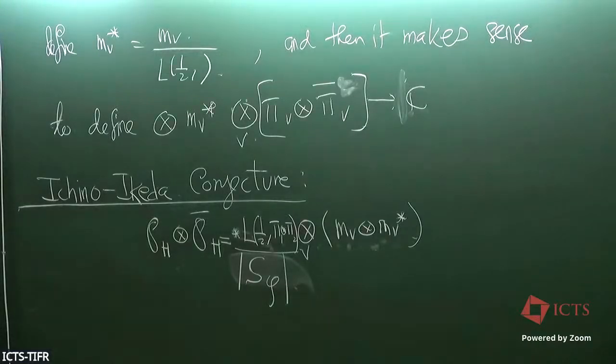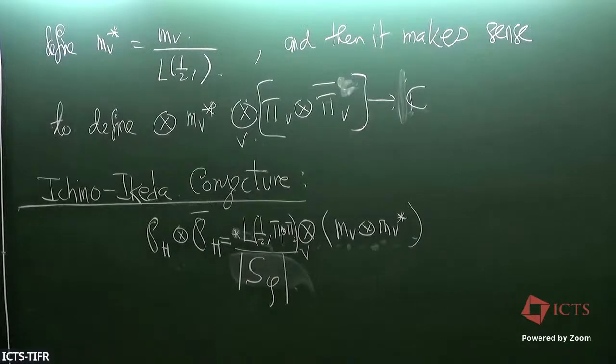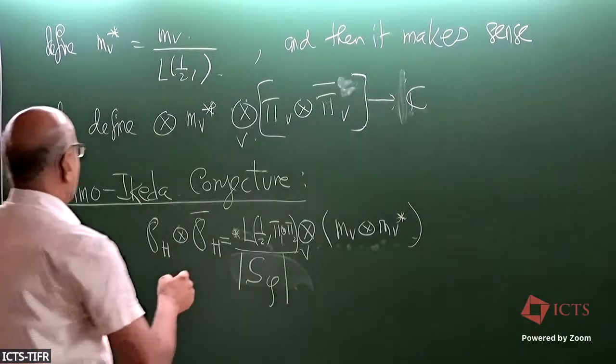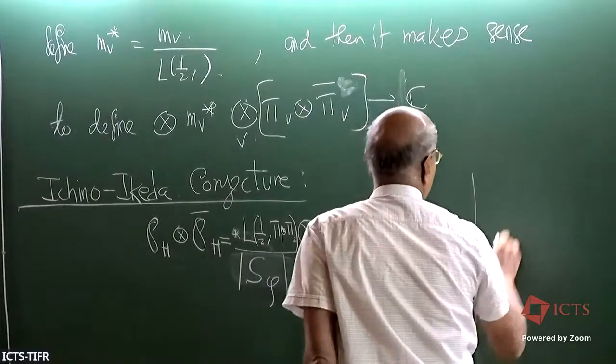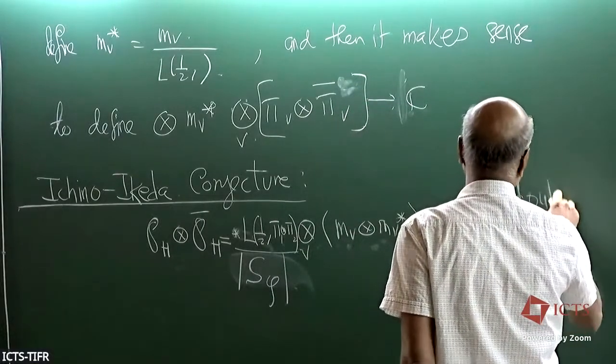The point I am making is that the GGP conjectures are not so useful arithmetically till you can relate them more precisely, and Ichino and Ikeda have made it totally precise. Sometimes this is called doubling of variables.